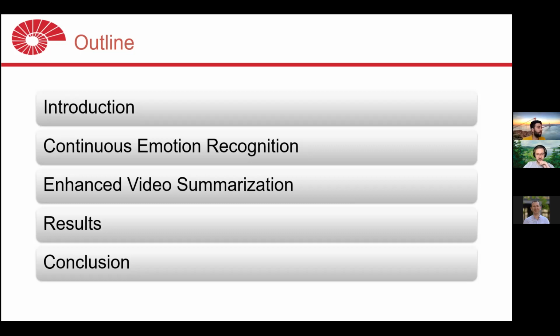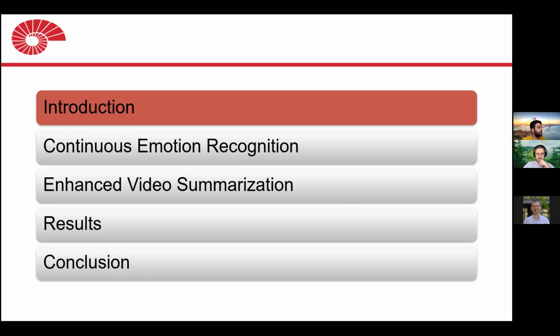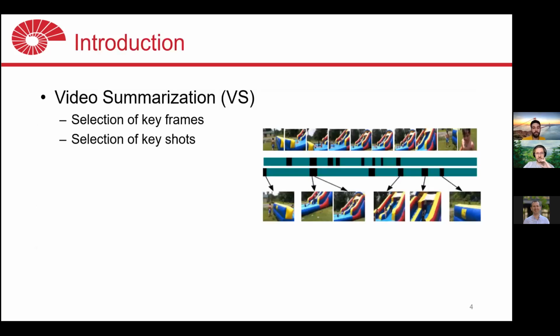Then we will dive into the enhanced video summarization for human-centric videos. In the results part, we will discuss the performances of the proposed architectures, and I will wrap up everything in the conclusion. So video summarization, what is it?